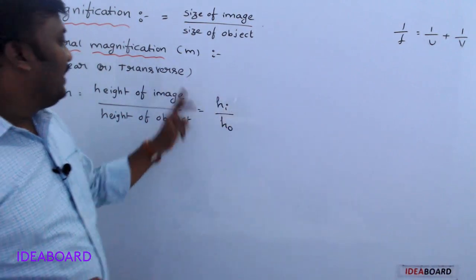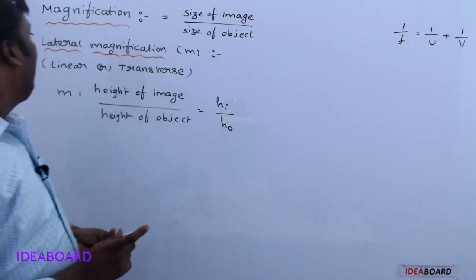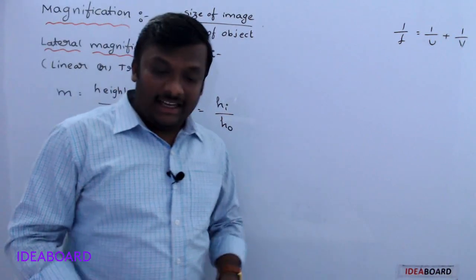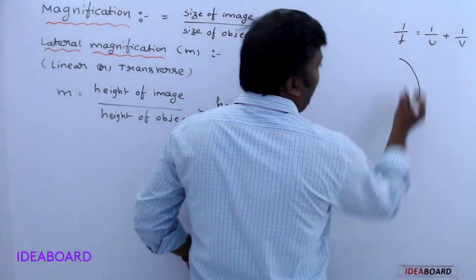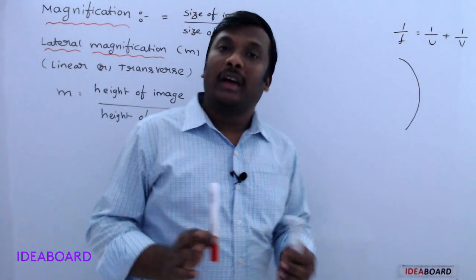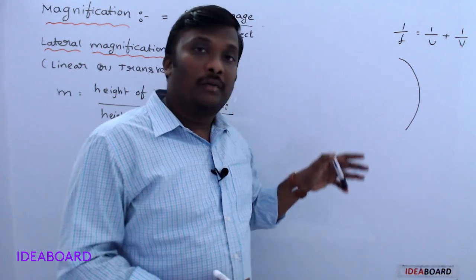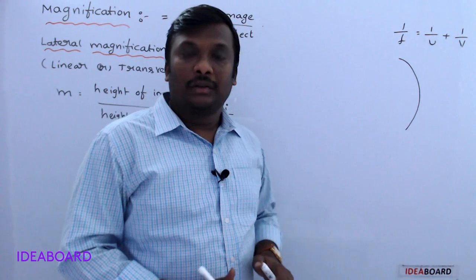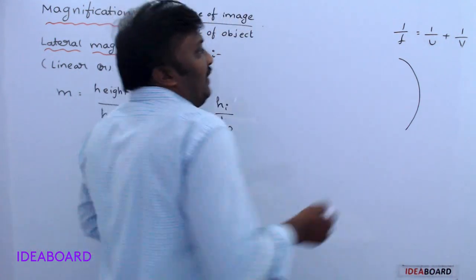I means image, o means object. To understand the lateral magnification, let us take a concave mirror. Any formula is applicable for both concave and convex mirrors. There is no particular formula for concave or convex; it is suitable for everything.